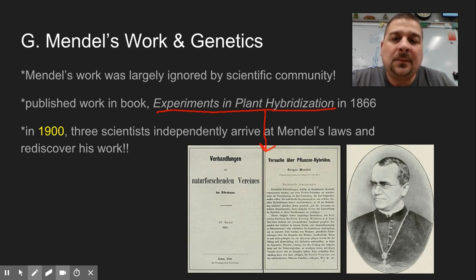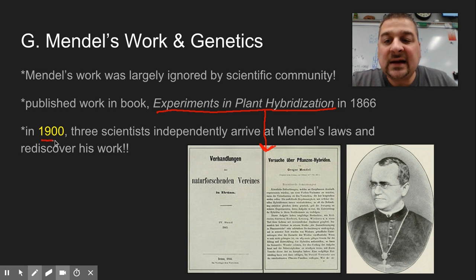And why was that? Well, part of it might be that Mendel was at a remote monastery, so the lines of communication, his ability to travel and explain his work at different conventions was probably limited. And so it was largely ignored for about 50 years.